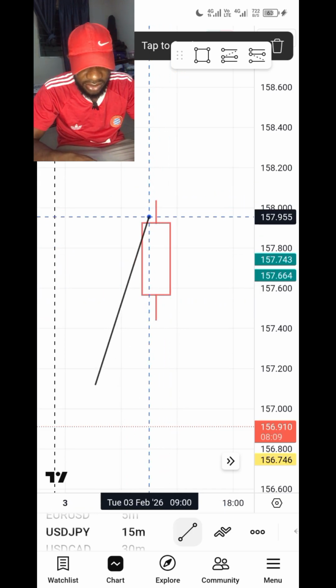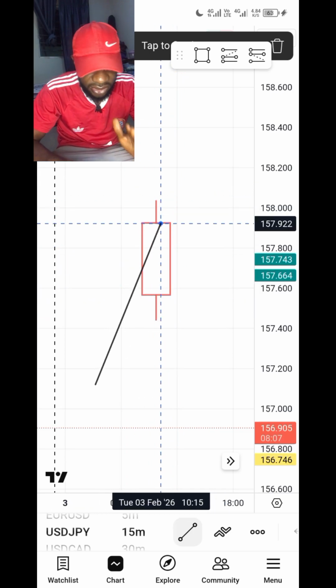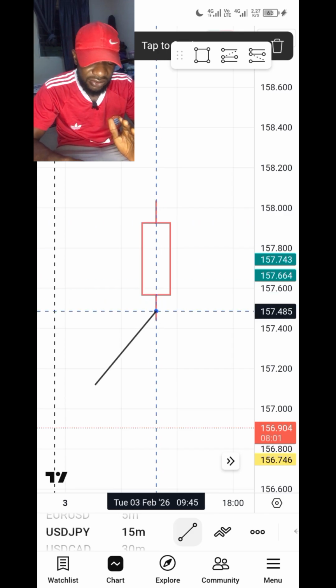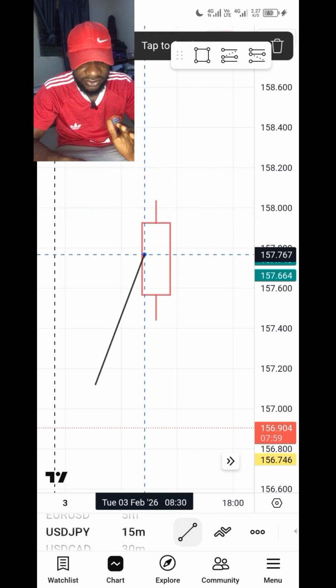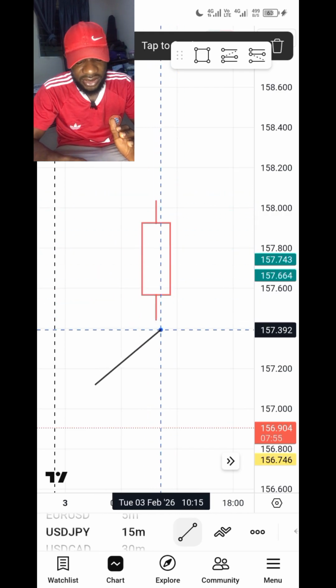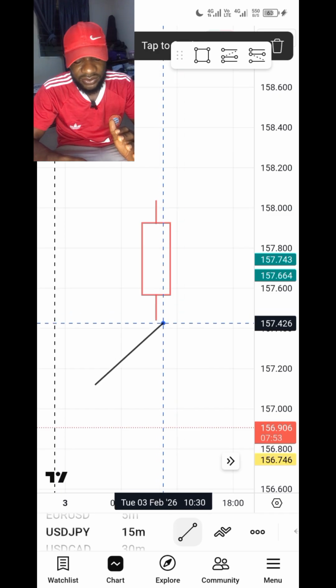We all know that in forex trading, we buy at lows and we sell at highs. So what does that mean? Once you have the candle here, this is the high of the candle, this is the low of the candle. All you need to know is each time price comes to the low of a candle like this, what you are supposed to do.